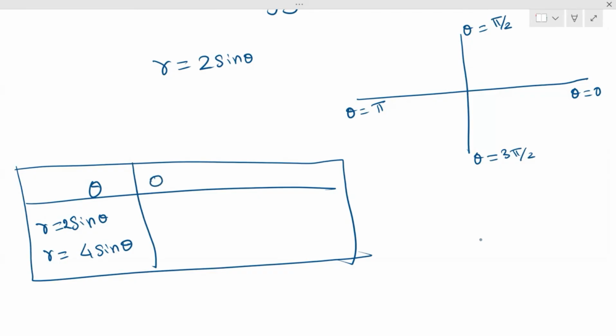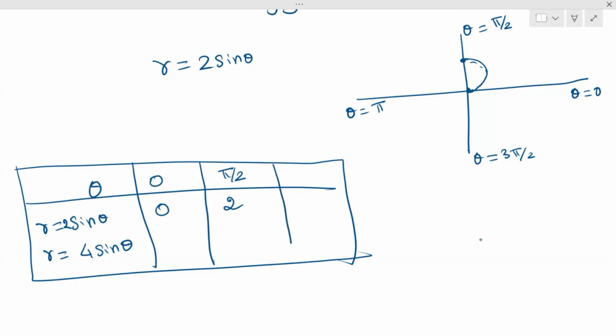When theta equal to 0, what will happen? r equal to 2 sin theta is 0. Next, when we give theta is pi by 2, r value is 2. So it will take value up to 2 here. In between 0 to pi by 2, we are having so many values, 0, 20, 30, 45, up to 90 degree. So we are having a circle like this.